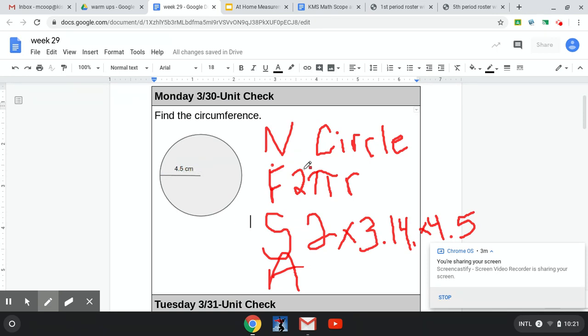So I'm using the formula 2 pi r, the one that has the r for radius. My substitution, I keep the 2. Pi is 3.14 and my radius is 4.5.